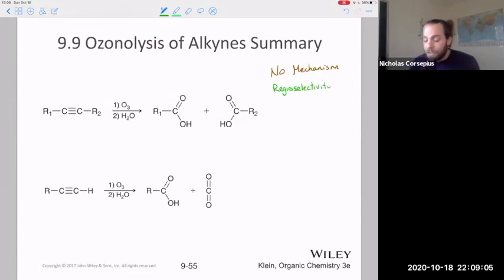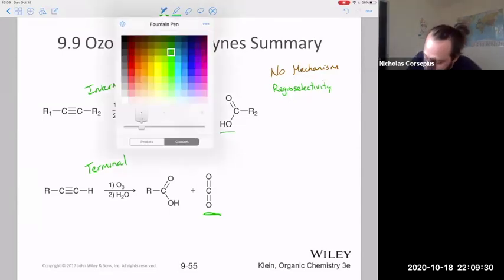In terms of the regioselectivity, strictly speaking, there isn't any regioselectivity other than to note the difference between an internal alkyne, which again just produces two carboxylic acids, and a terminal alkyne, which will produce CO2. That's not technically regioselectivity, but it seems like we should put it in that category.